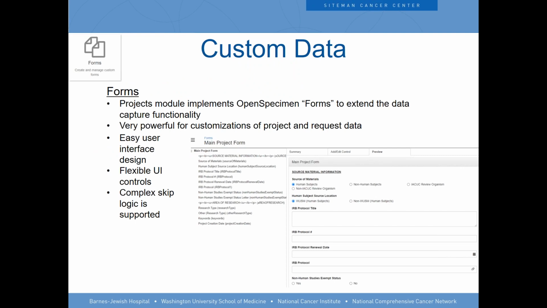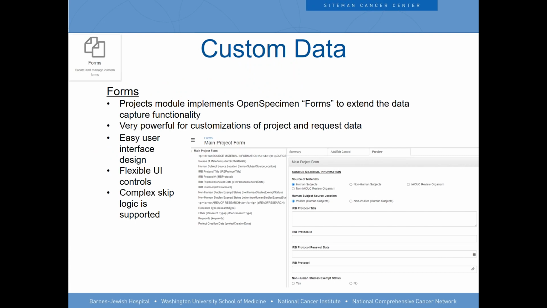The projects and requests module in OpenSpecimen does the same thing. So you can create your forms to collect any kind of information that you want about a project or about a request. So here's just an example of our main project form.